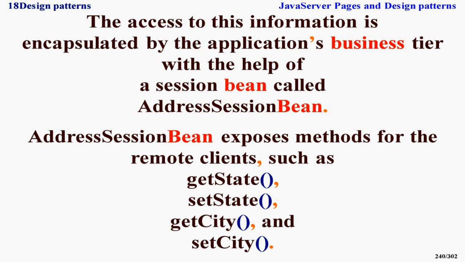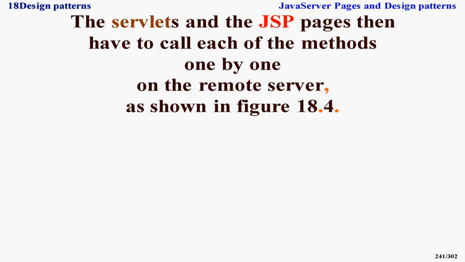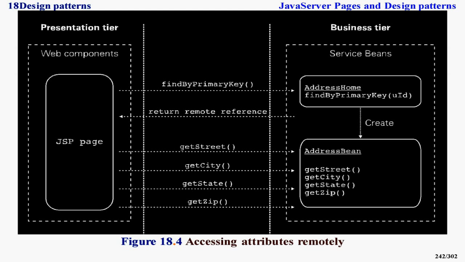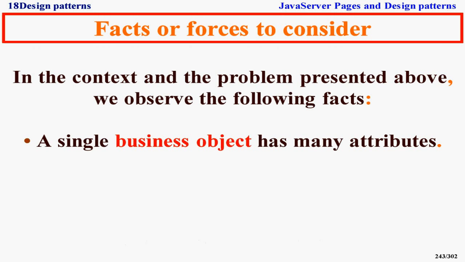Address session bean exposes methods for the remote clients, such as getState, setState, getCity, and setCity. The servlets and the JSP pages then have to call each of the methods one by one on the remote server, as shown in Figure 18.4. Figure 18.4: accessing attributes remotely.